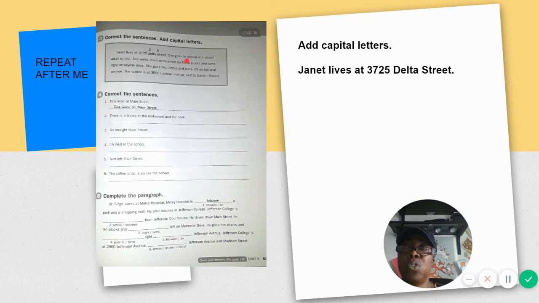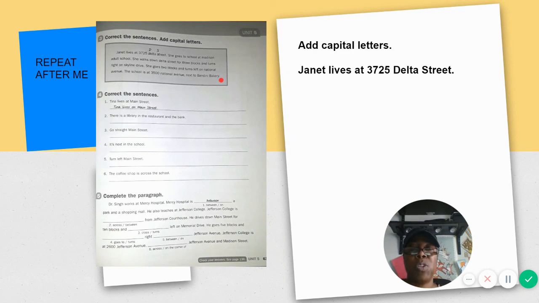She goes to school at Madison Adult School. She walks down Delta Street for 3 blocks and turns right on Skyline Drive. She goes 2 blocks and turns left on National Avenue. The school is at 3500 National Avenue next to Bandini Bakery.